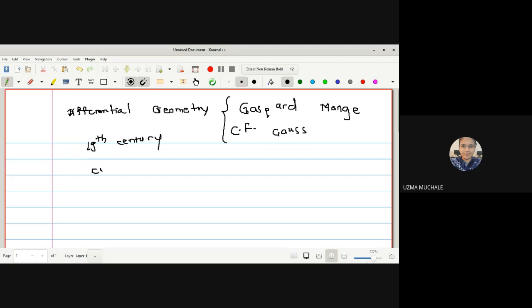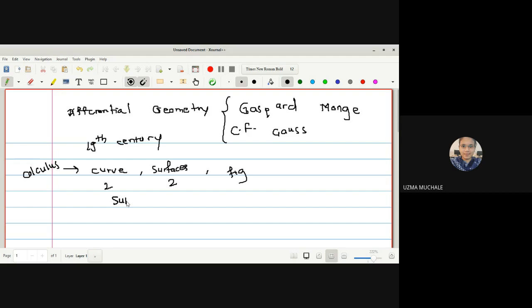As I told you in the initial lectures, and I have shown you the syllabus also, the first two chapters depend upon curves, and the second two chapters depend on surfaces. So differential geometry is the study of curves and surfaces using the methods of differential calculus.